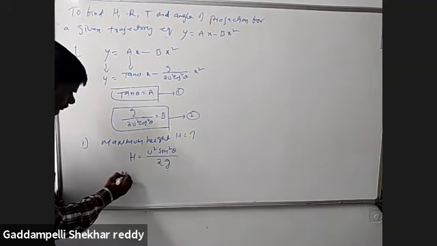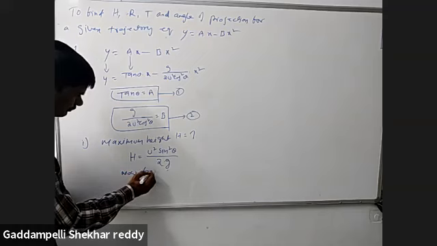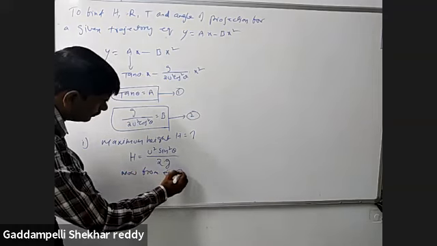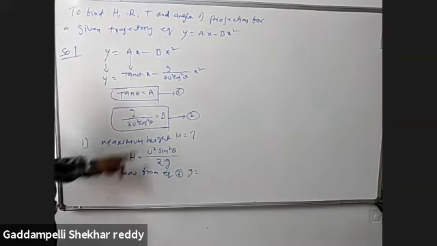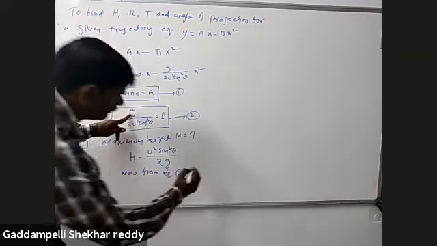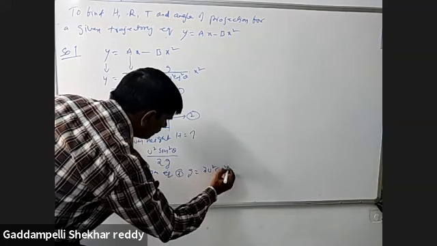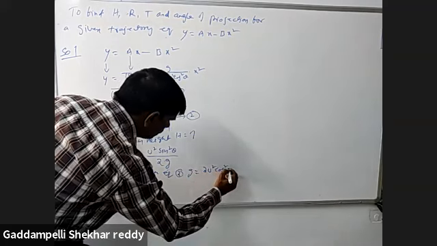Now from equation 2, g is equal to u square cos square theta into b.